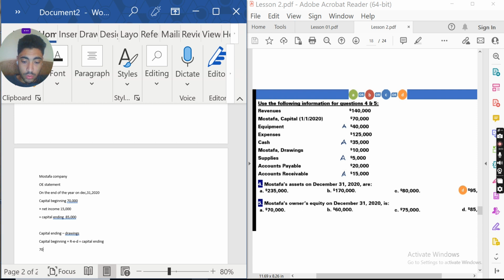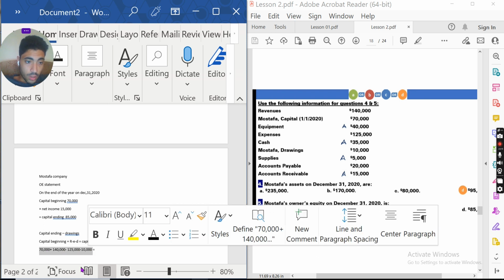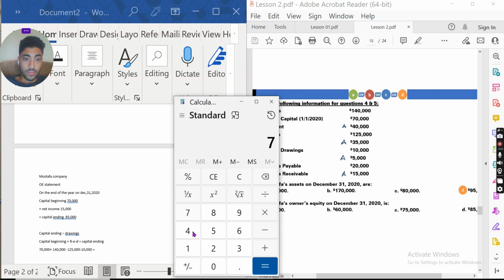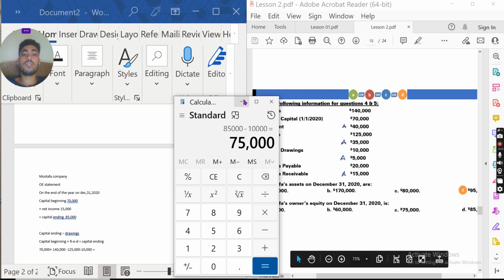Capital beginning is £70,000 plus revenues 140,000 minus expenses 125,000 minus drawings, which is 10,000, equal... let's use a calculator. 70,000 plus 140,000 minus 125,000 minus 10,000, which will give us again the same amount, which is 75,000.